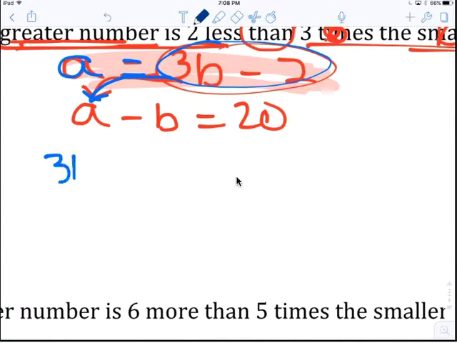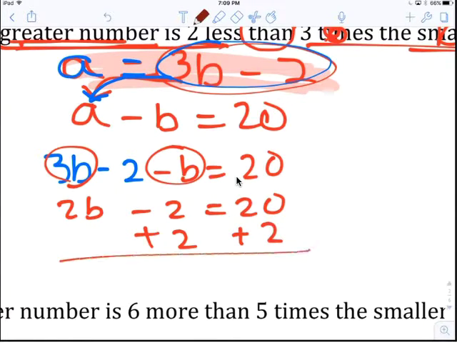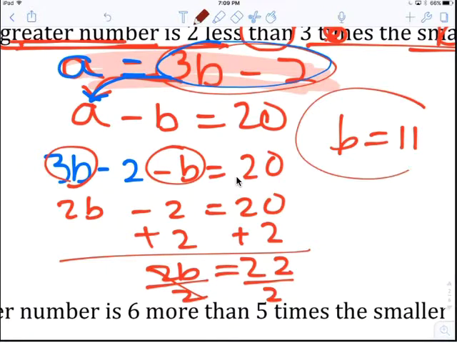So 3B minus 2 minus B equals 20. Combine these together, you get 2B minus 2 equals 20. Add 2, get 22 equals 2B. Divide by 2, B is 11.